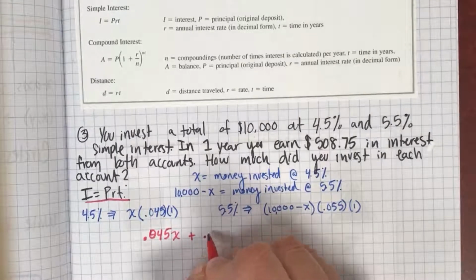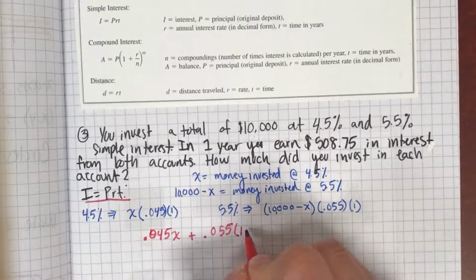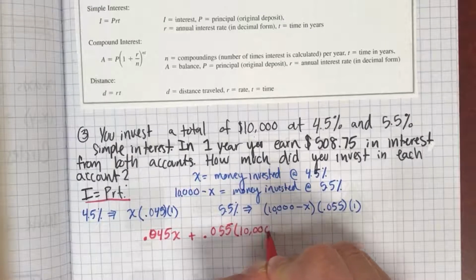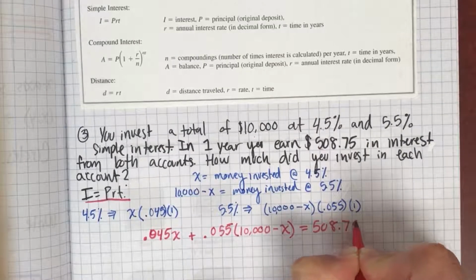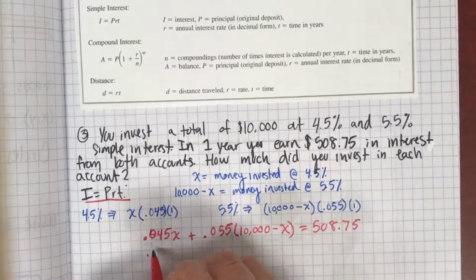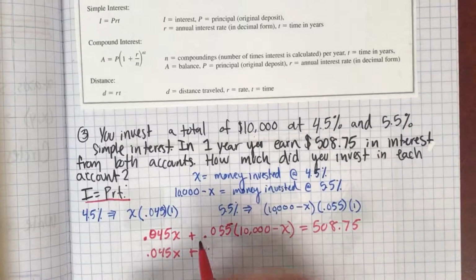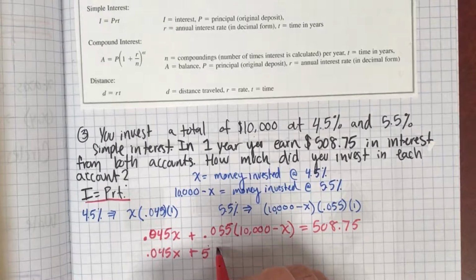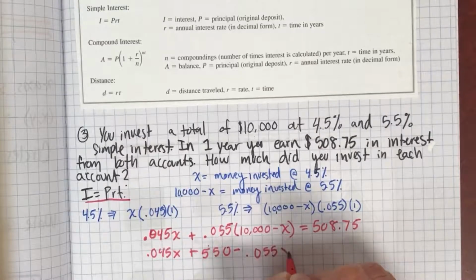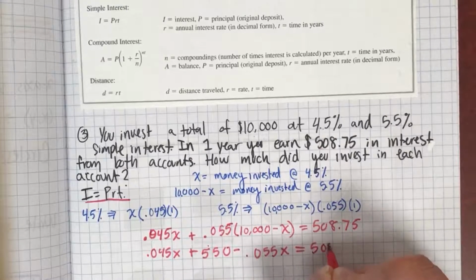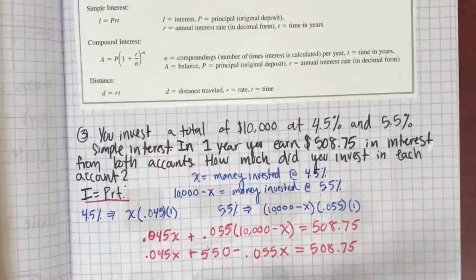We'll just add that extra step. All right, so now we can distribute. And now we have our simplified formula, and we just need to combine terms and solve.